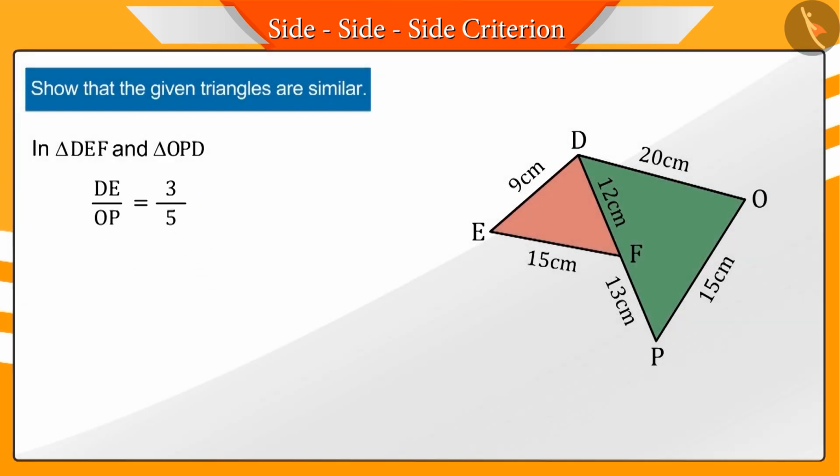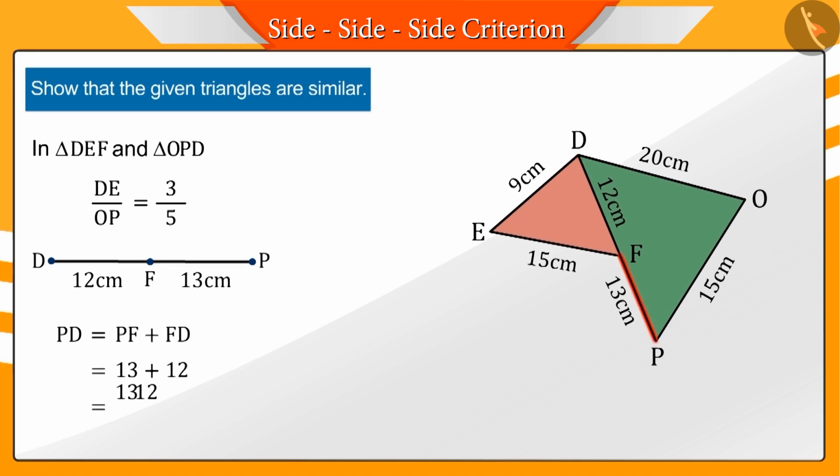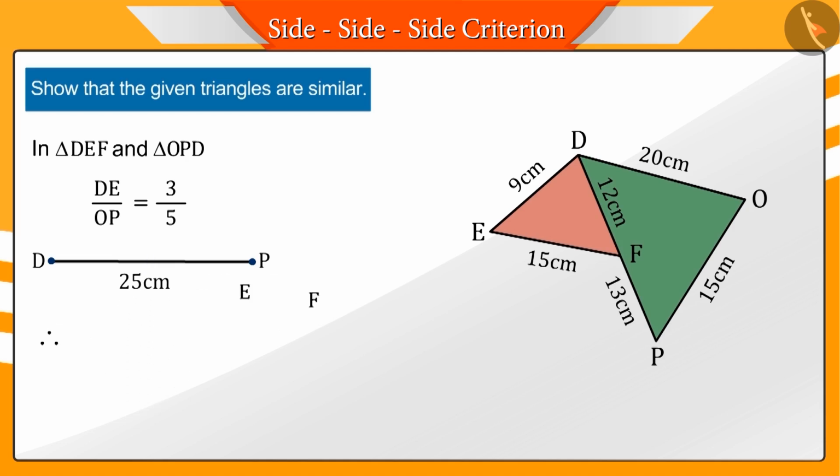Very good. For this, we need to find the length of side PD first. If we pay attention, then we will see that in side PD, the sum of sides PF and FD is 25. Therefore, the ratio of EF and PD is also 3/5.